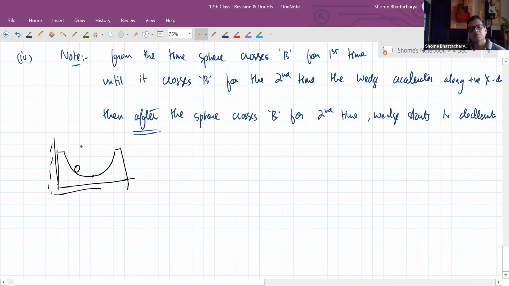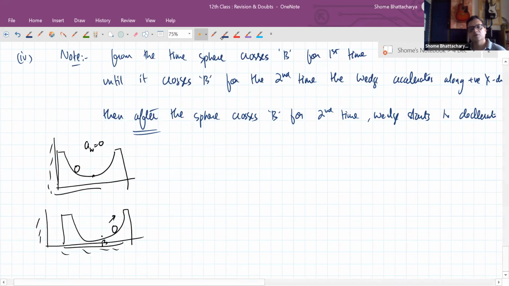At this point of time, nothing is happening. Acceleration of the wedge is 0. But now after it has crossed B for the first time, and this is on the way up, at this point of time, the wedge is having a positive acceleration.